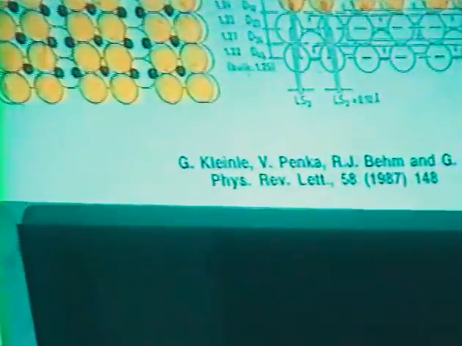When hydrogen is adsorbed on this surface at temperatures lower than 220 Kelvin, we can observe the 1x2 LEED pattern structure. About this structure, Professor Ertl's group precisely studied and published such a model.